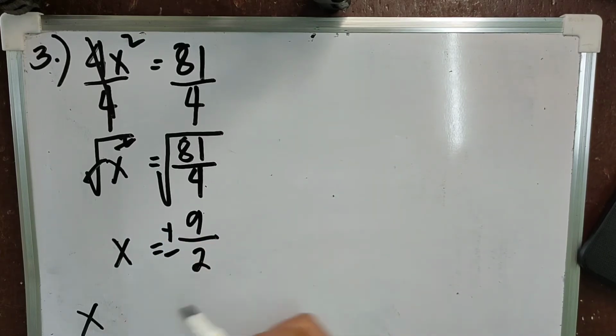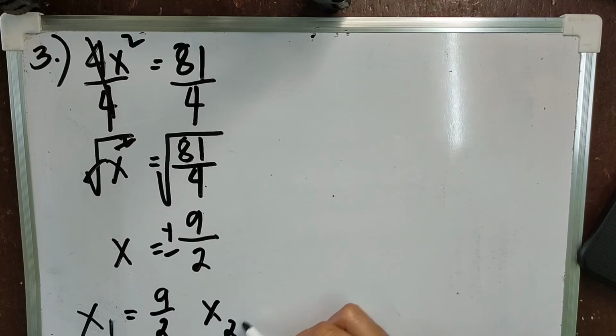Or, we have x sub 1 equals 9 over 2, and your x sub 2 is negative 9 over 2. Okay? Then, check by yourself if our roots are correct.